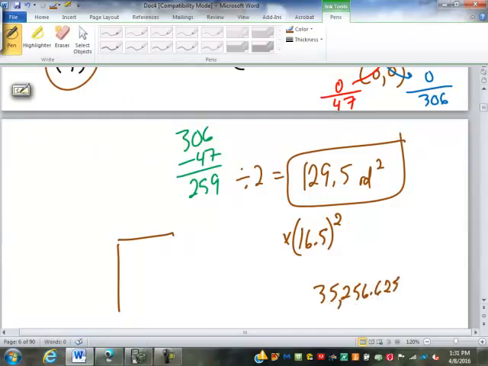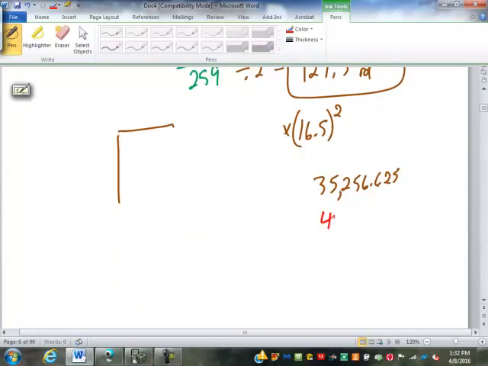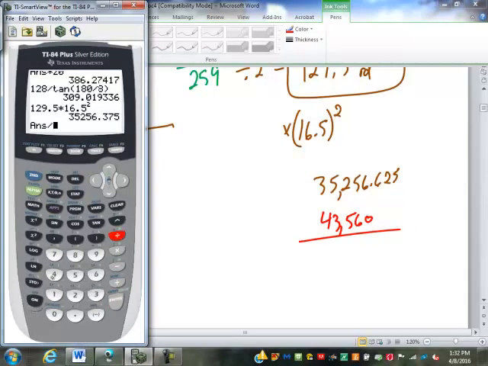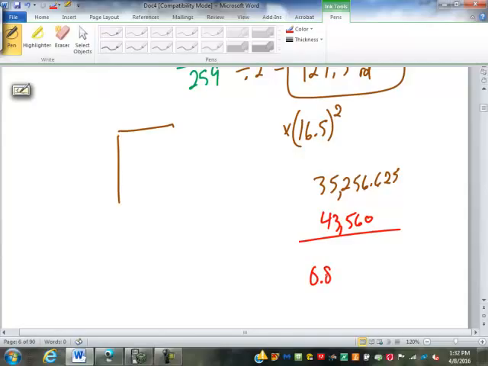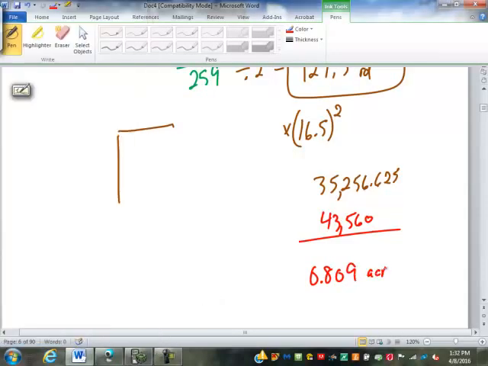Well, how many square feet is an acre? Does anybody remember? 43,560 square feet. So divide by 43,560. So that's 0.809 acres.